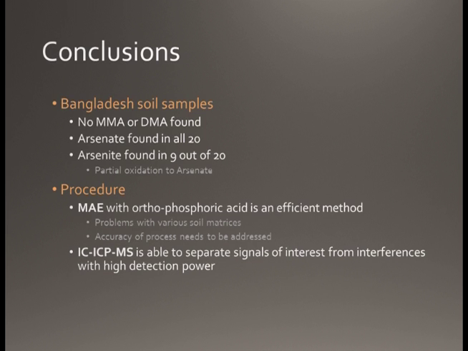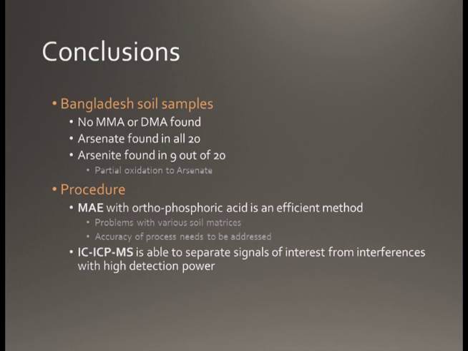So the conclusions. In terms of the Bangladesh soil samples, like I said before, there was no MMA or DMA found. Arsenate was found in all 20, and arsenite was found in 9 out of the 20. They reported that this could be because the arsenite partially oxidized to arsenate.